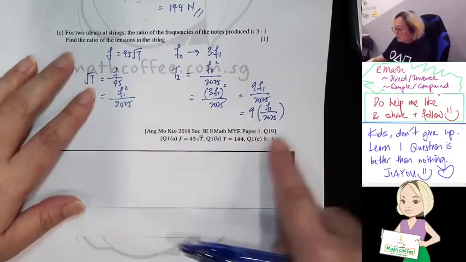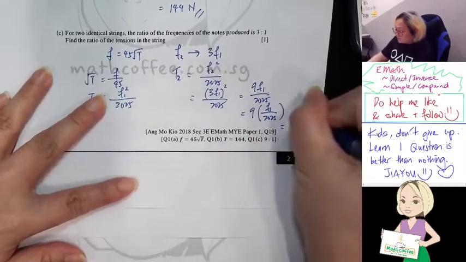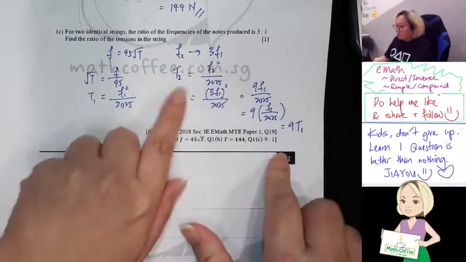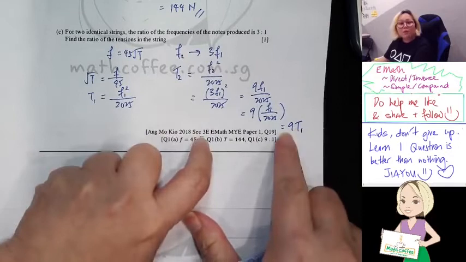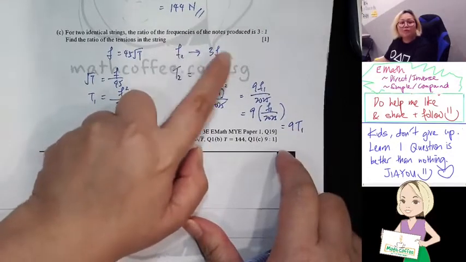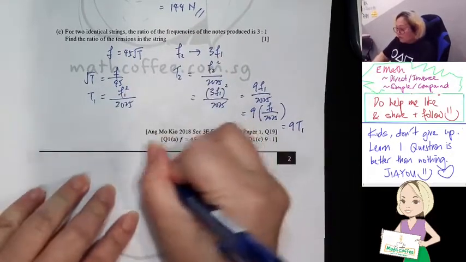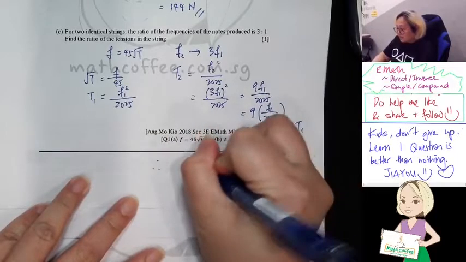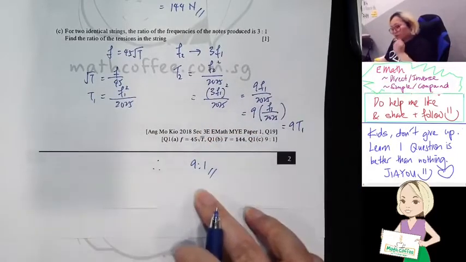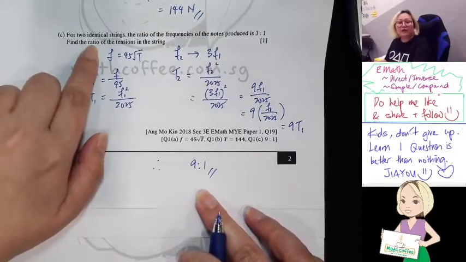That's why you can see the ratio over here. So I can say this is equal to 9T1. So T2 becomes 9T1 when F becomes 3 times. Therefore, I can say that it will be 9:1, because they want to find the ratio.